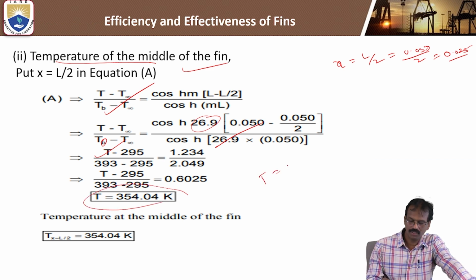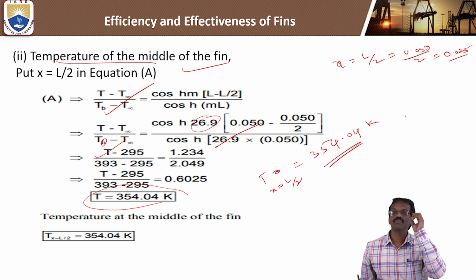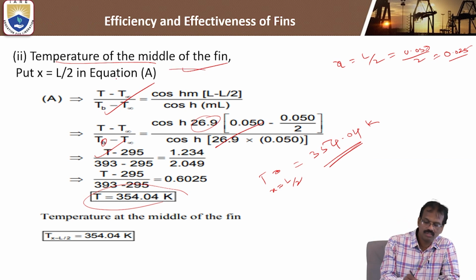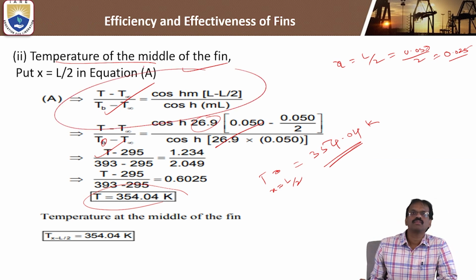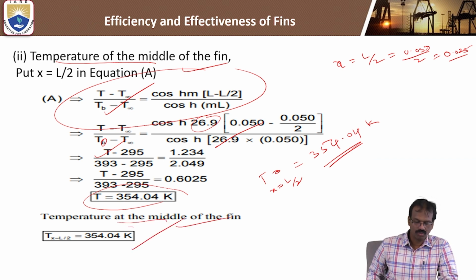So the temperature at x is equal to L by 2 is 354.04 kelvin. In this way, we can find the temperature of the fin at any point by using this temperature ratio. So the temperature at the middle of the fin is 354.04.